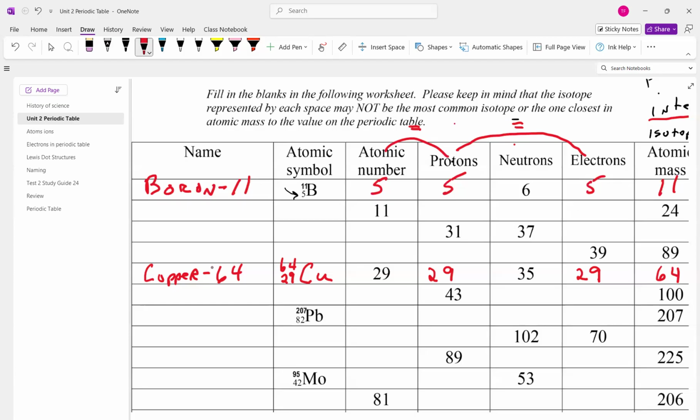Sometimes they abbreviate atomic numbers Z. Okay, there's three parts to that. Protons, neutrons, and the sum. And I have to give you two of those to find the third one. So you have to have two of those to get the third one.